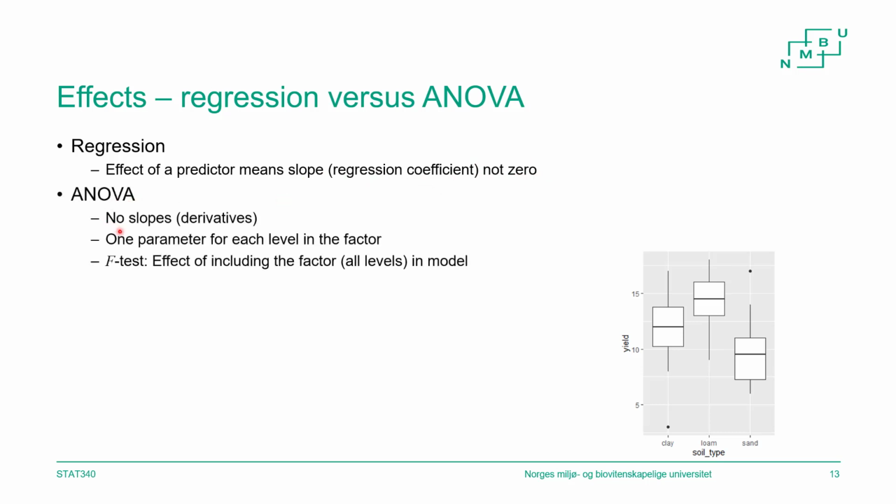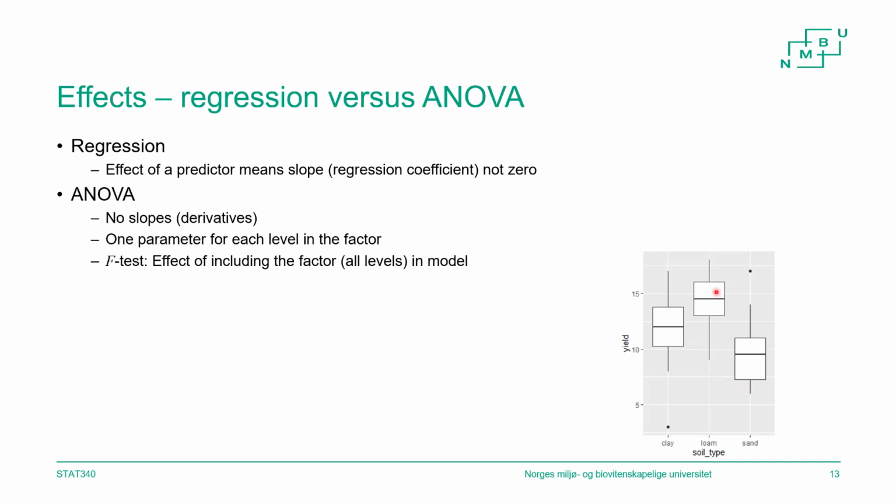When it comes to ANOVA, there are no slopes, because we now have one parameter for each level of the factor, and the F-test that we just saw tests if there is an effect of including the factor with all its levels in the model, right? So remember this clay, loam, and sand example. There is no slope, but the corresponding effect is that there is a change when you move from one factor level to another.